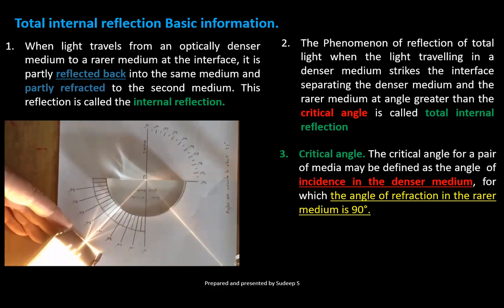When my refracted ray is grazing the surface, the angle made by the incident ray will be known as the critical angle.